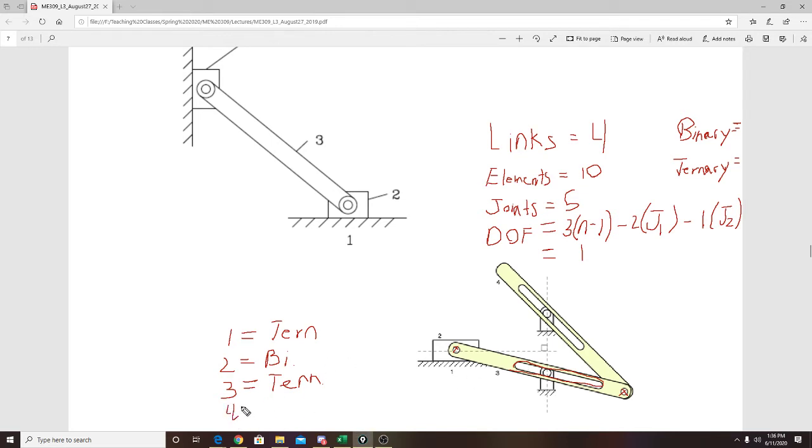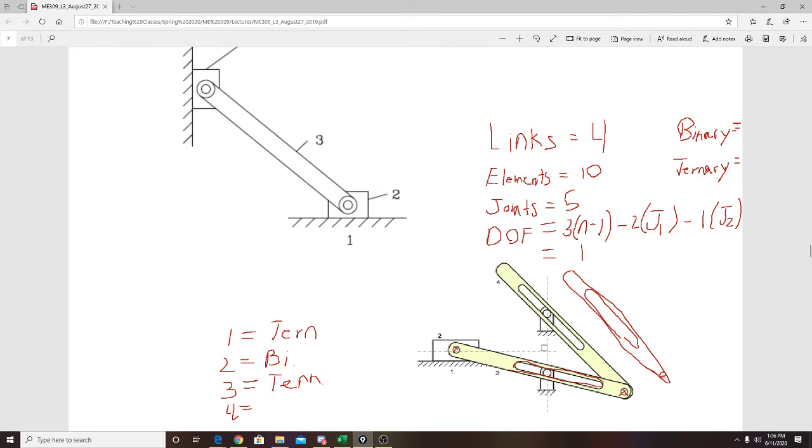And then 4, if you removed link 3, you would see something like this. And you would see that one hole was added right here, or else these two aren't pinned together. And then another hole had to be added in the middle for this slider to work.